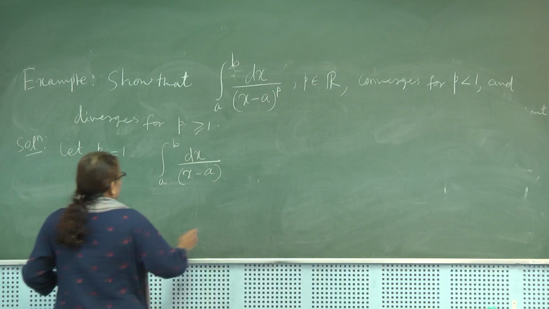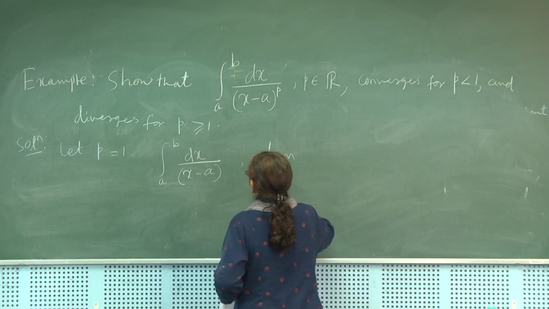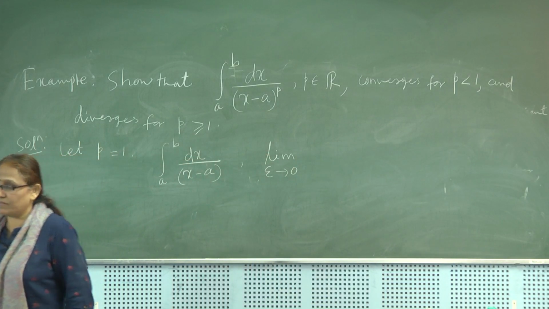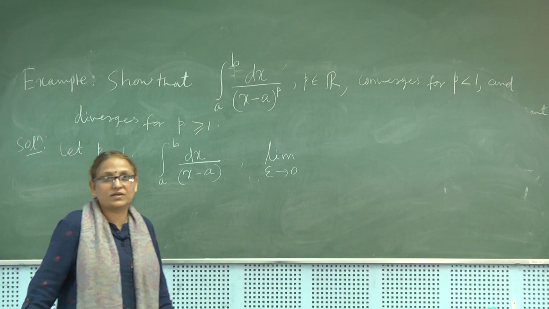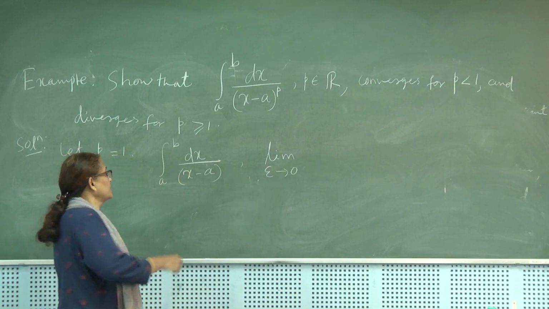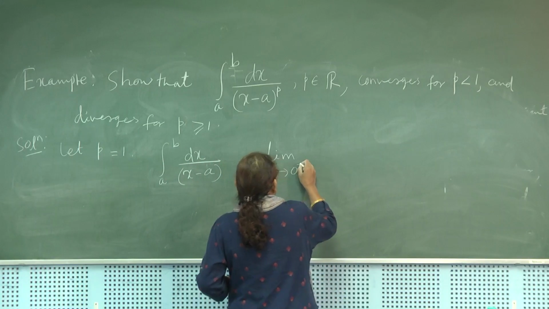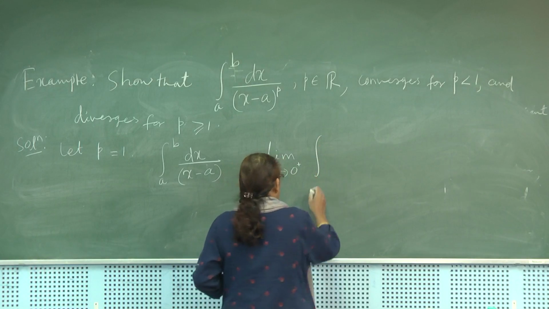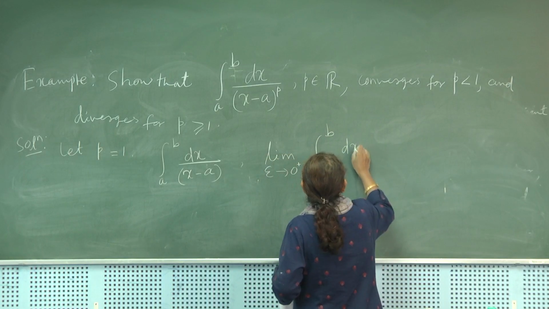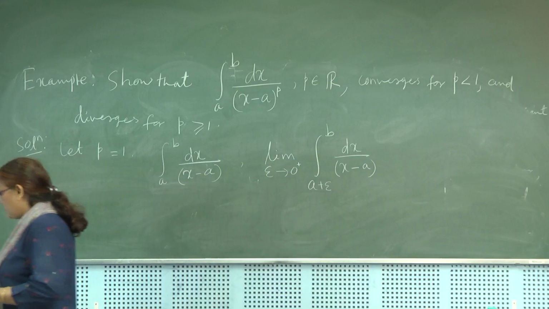Just recall the definition of convergence of type 2 improper integral we had given. This is a type 2 improper integral and this integrand is unbounded at a. Therefore, we have to consider this limit as epsilon tends to 0 plus, integral a plus epsilon to b dx over x minus a. This is what you have to consider.